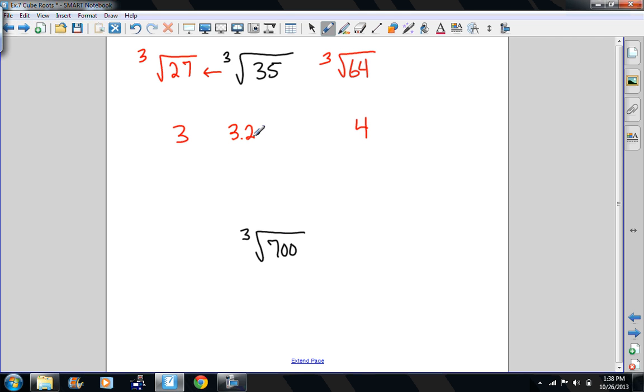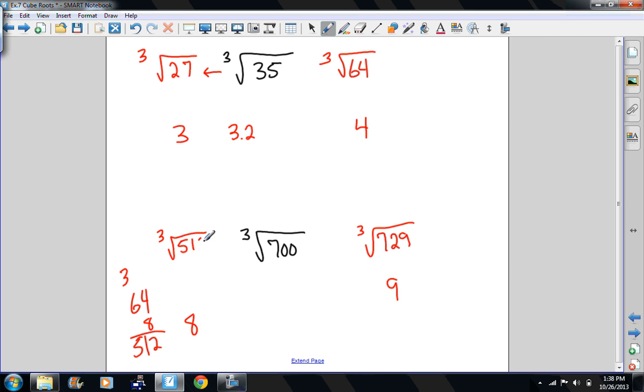Now, for this one, I can kind of cheat since I just did the cubed root of 729, and that was 9. So now I have to do the cubed root of whatever 8 cubed is. So that's going to be 64 times 8. So that's 512.